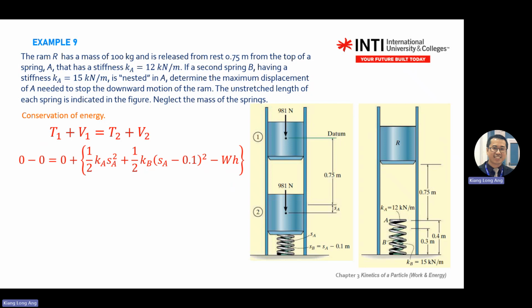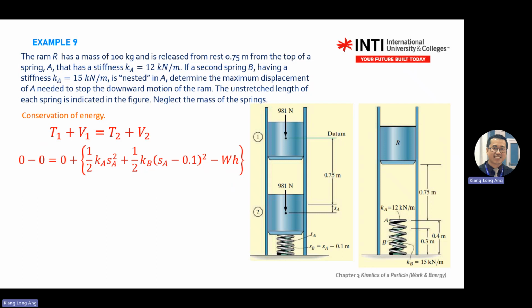So second part, T2 is zero because it stopped already. Stop, no velocity, so zero. You only deal with potential energy. You don't need to panic. Potential energy only deals with two things: gravitational mgh and spring only. So you do the mgh minus mgh. Why minus?